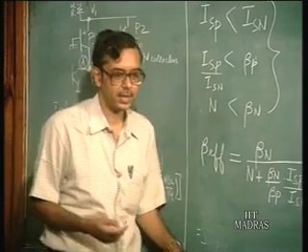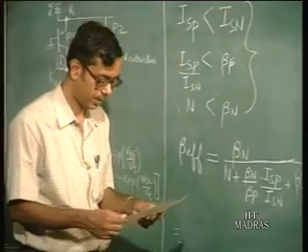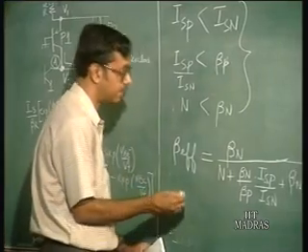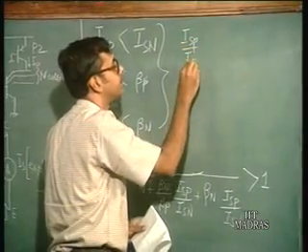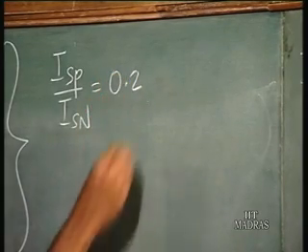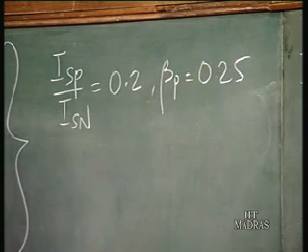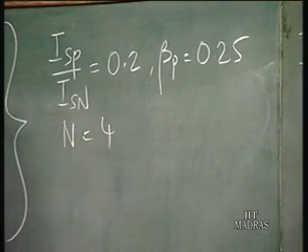For example, I just give a small problem. Suppose you design such that ISP by ISN is equal to 0.2 and beta p is equal to 0.25, and n is equal to 4, that is, it has 4 collectors.